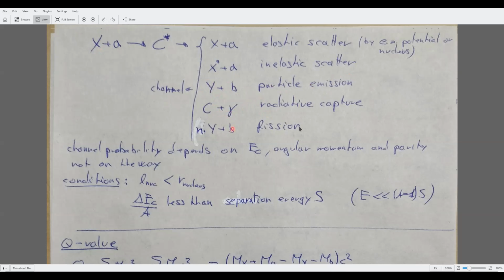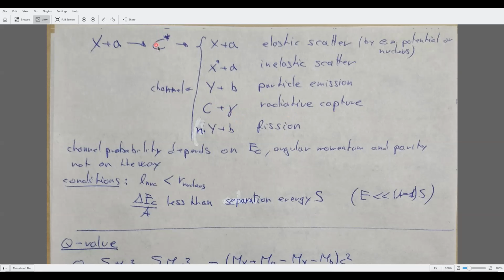We can have just a decay of the compound nuclei emitting energy, which is called radiative capture.